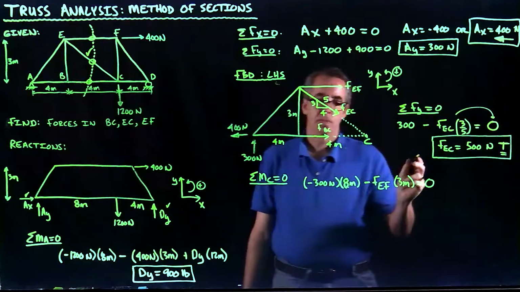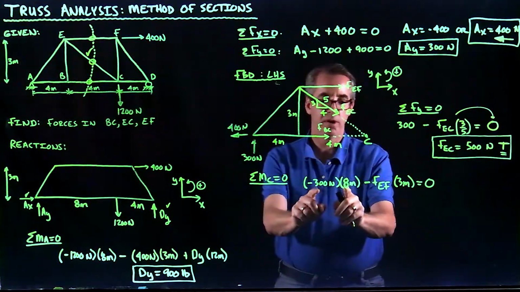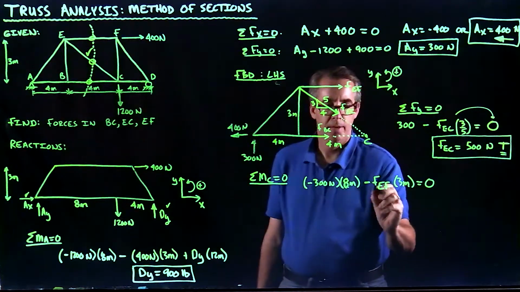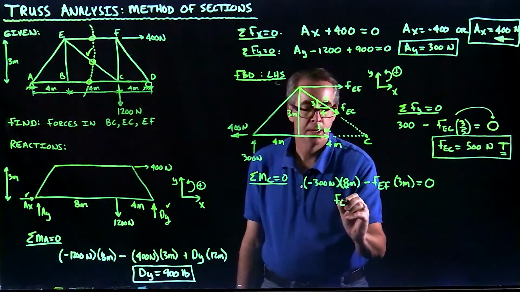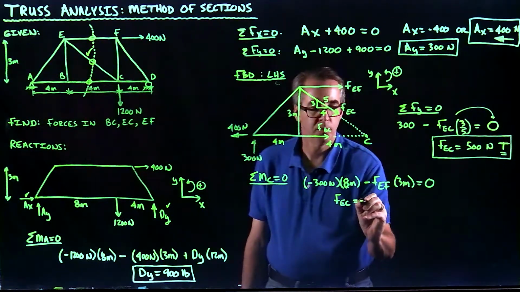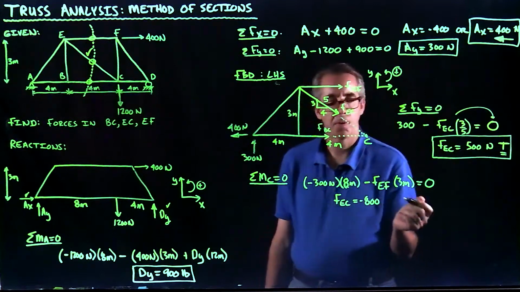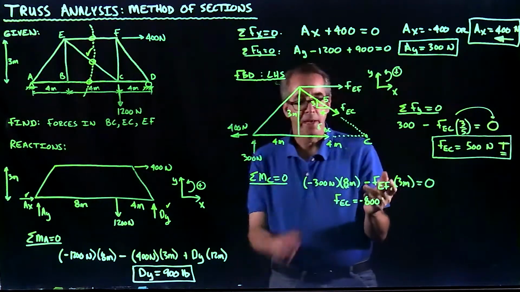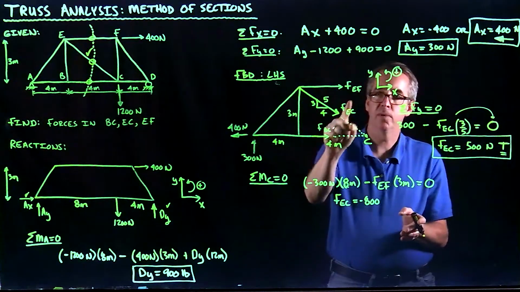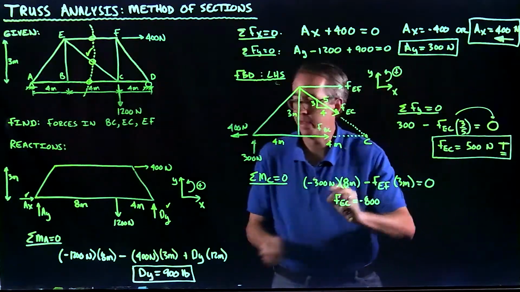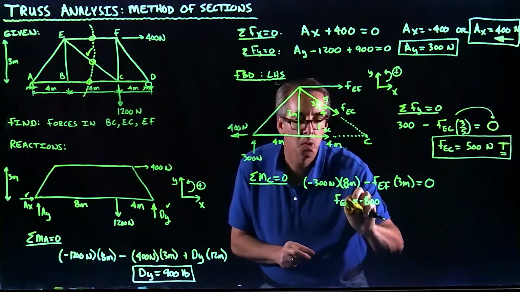Okay. So when I solve this, as you can see, this would be 2,400, you divide by 3. Okay, when I move this over, I actually get that FEF is equal to minus 800. That's not EC, that's EF.